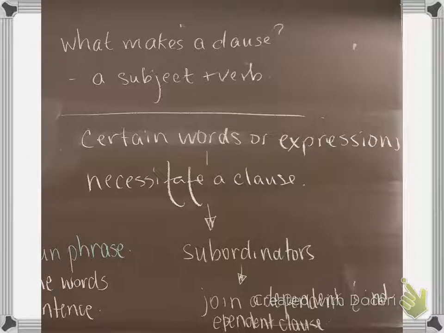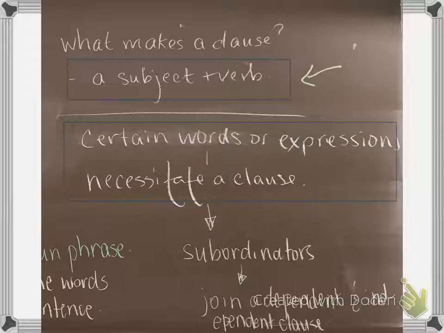When we think about what makes a clause, it's important for us to consider what language we're using here. Okay. A clause is a clause because it has a subject and a verb. Okay, this is really important. And then certain words or expressions necessitate a clause.